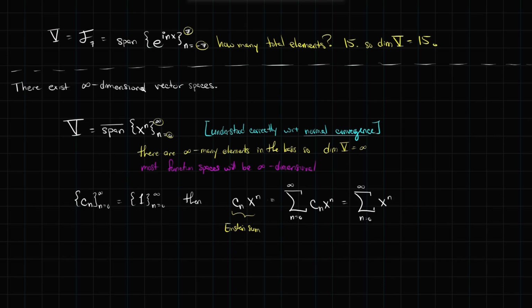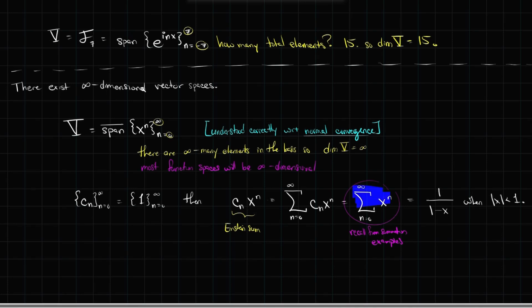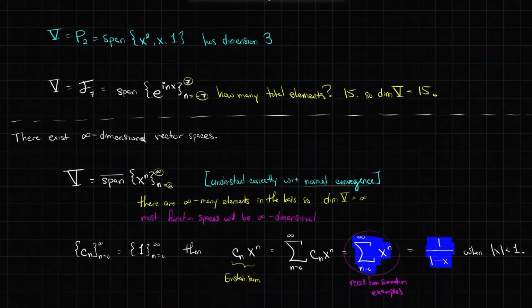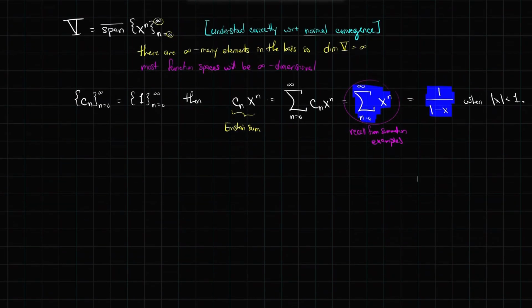This is x to the nth power. Recall from the series examples, this is actually equal to a function, 1 divided by 1 minus x, when x is less than 1. And so there is a very well-defined notion of taking linear combinations of infinitely many entries and recovering a function out of it. So this is an example of a function in an infinite dimensional vector space. It's good to keep in mind that we will periodically be working with infinite dimensional vector spaces, and the dimension is just referring to the number of elements in the basis.